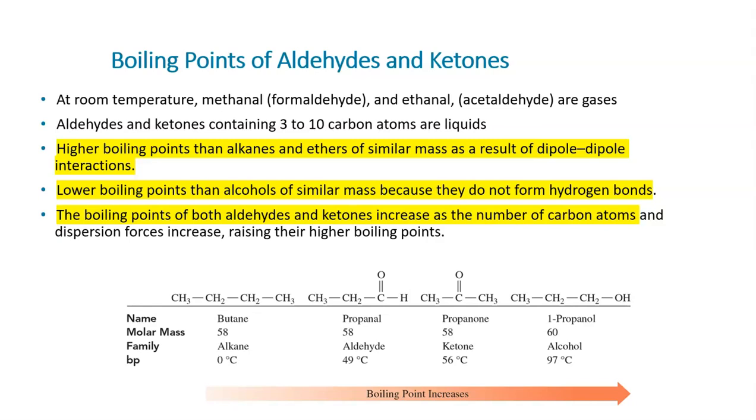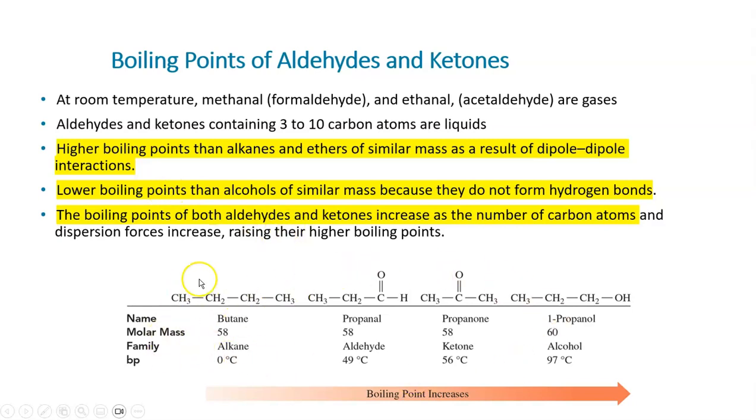As the dispersion forces increase, their boiling points also increase. These dispersion forces are another type of intermolecular interaction. Now, these are the three points that I have highlighted. You have to take them down to determine the boiling point differences from one molecule to another.